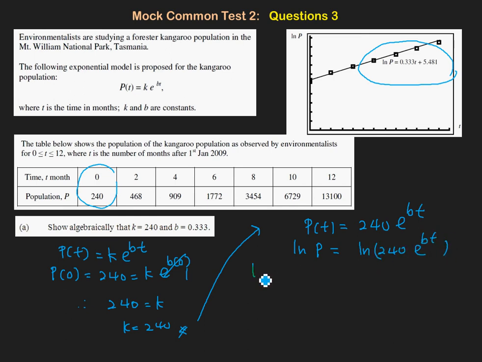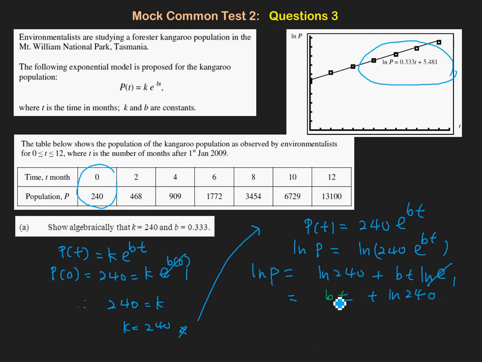And again, the law of log would be applicable here. Apply that, and I'm going to skip ahead. Let's keep it as ln 240, and I'm going to rearrange this a little bit. If you check ln 240, its value is roughly 5.481 and so on.